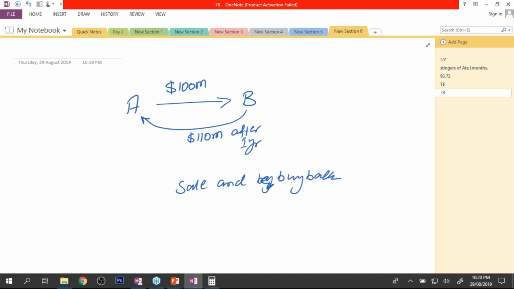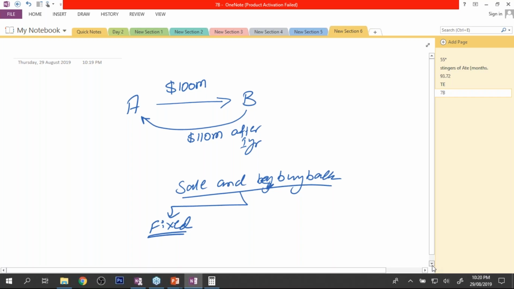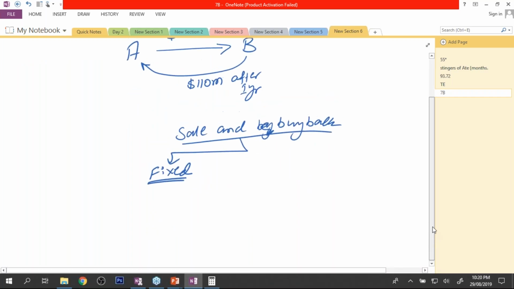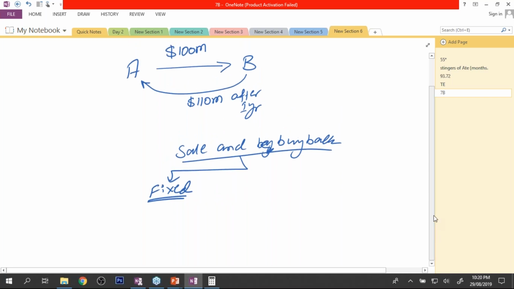We have a sale and buyback agreement with B in which we are going to buy back at a fixed price. So in this case, in actual fact, has the instrument been sold to B or not?